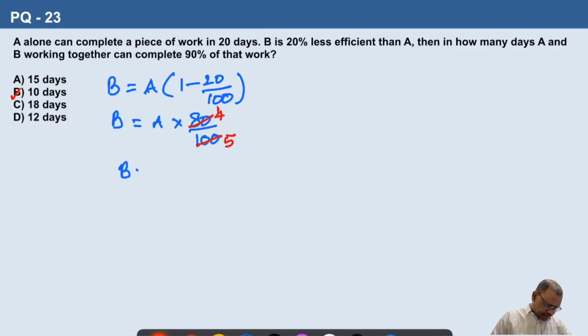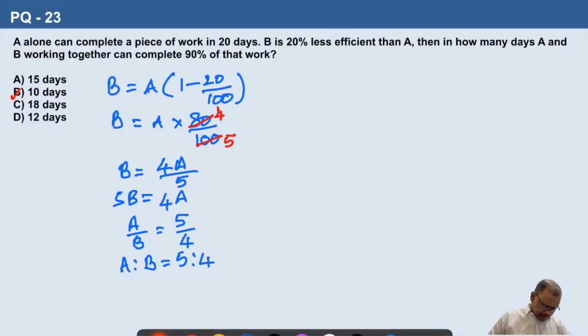B is equal to 4A by 5. 5B is equal to 4A. A by B is equal to 5 by 4. A is to B is equal to 5 is to 4.